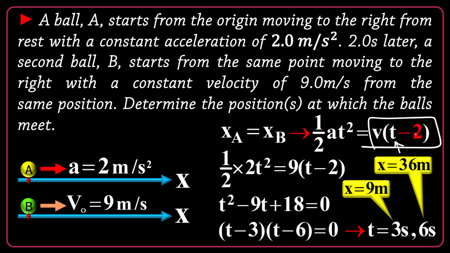But for the B, the stopwatch of the B indicates not 3 and 6 at the meeting point. In the time scale of B, you will read 1 and 4. Why is that? Because the time of the B is 2 seconds less. So basically it's 3 minus 2 seconds, and the other will be 6 minus 2 seconds. This is why I write 1 and 4. So based on the time scale of the B, you can also write xb is equal to 9 tb.